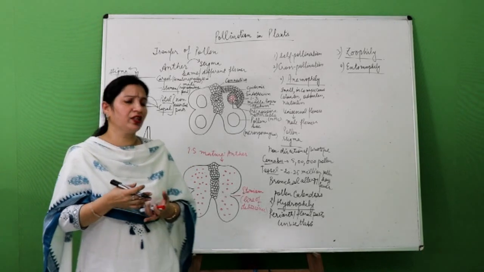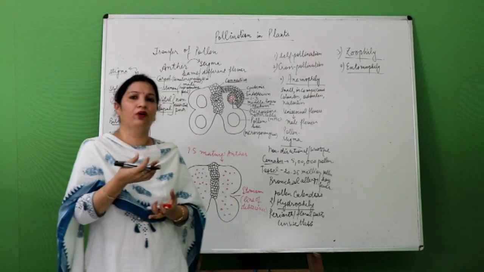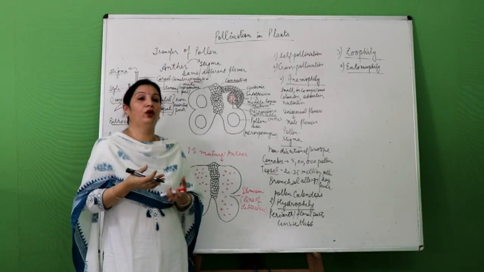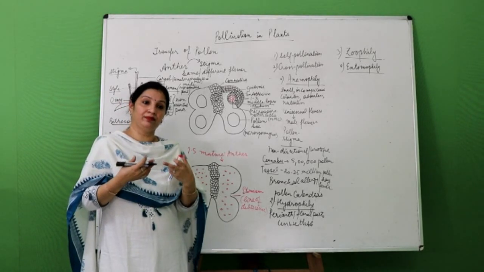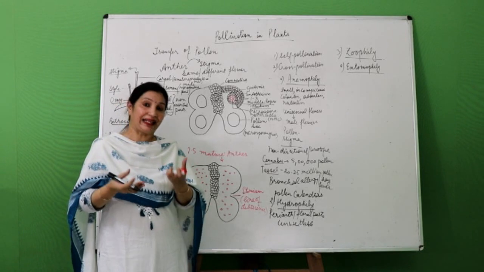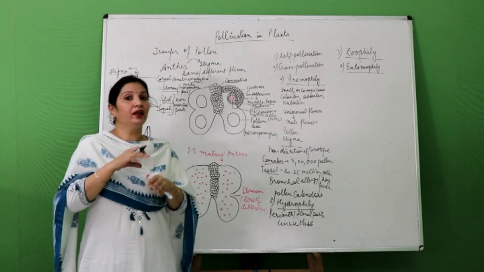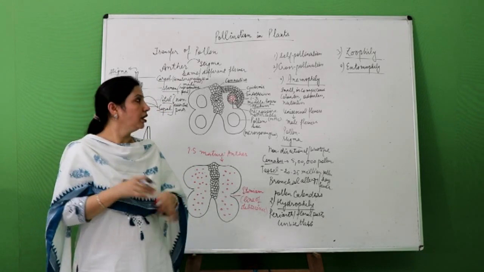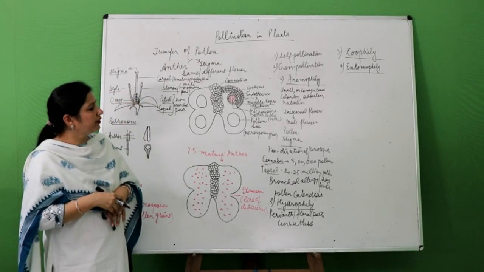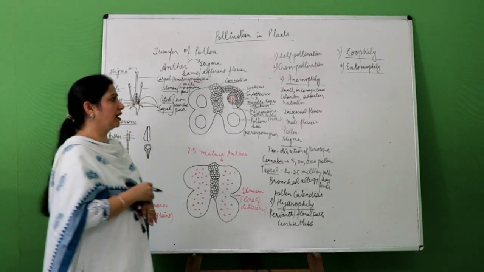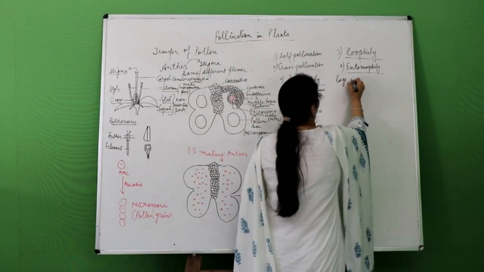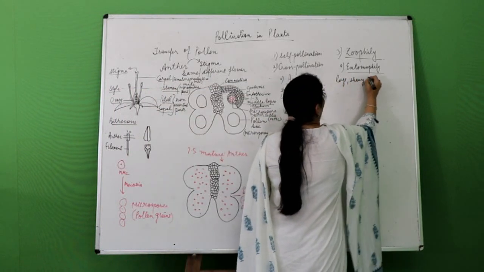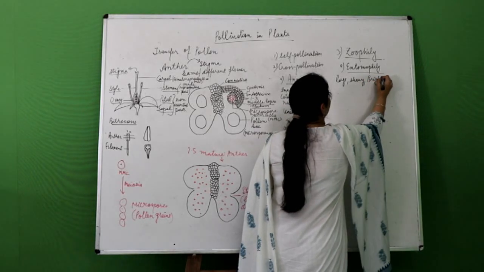Now these insects usually visit the flowers for nectar, or these flowers have edible pollen, or they come to the flowers for shelter, and in that process they pollinate the flowers. Now some of the important features of such flowers are that they are large, they are showy, and they are brightly colored.